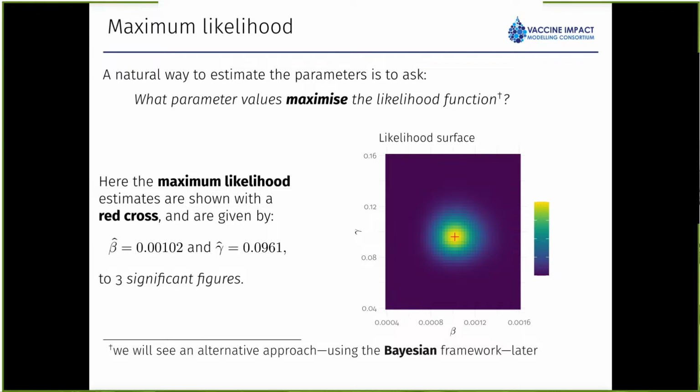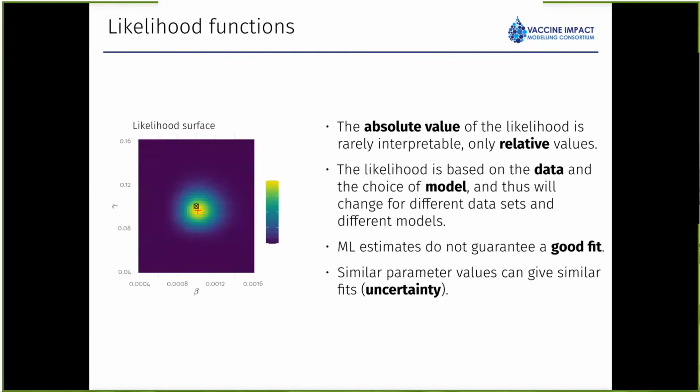And in this circumstance, this is not a model where you can derive an analytical solution, so we've numerically estimated this, but we can do this and we can get these estimates. Okay. Now, a couple of things to bear in mind about the likelihood. Firstly, the absolute value of the likelihood is rarely interpretable. Okay?